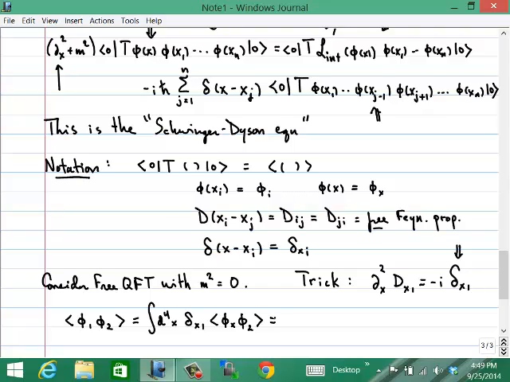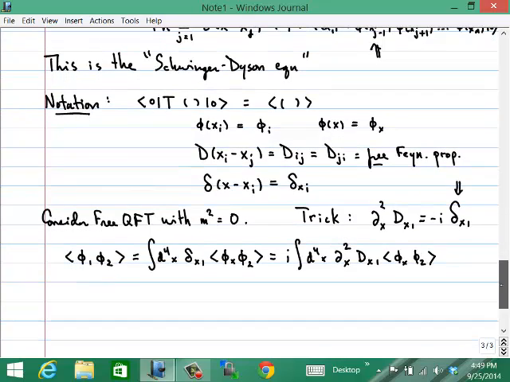So what is that? Well, that's then the integral, you get an i, so the delta function with x and x1 is i times d squared dx squared of D(x, x1), times phi of x and phi of x2.